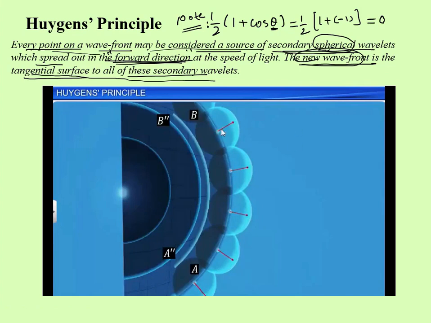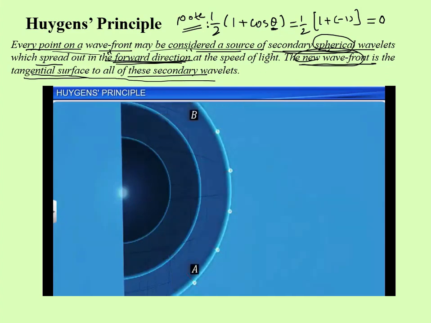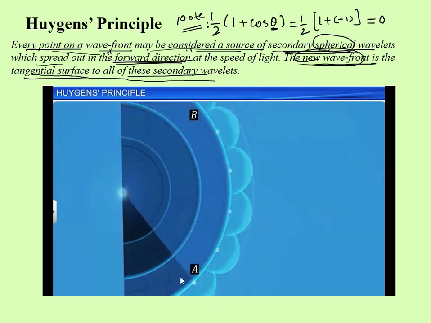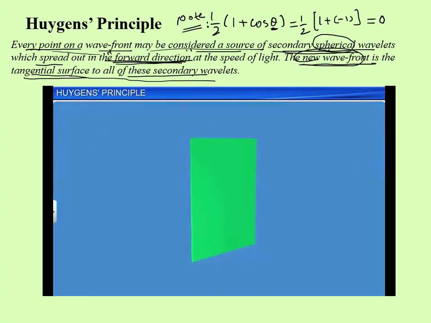See, and these are the rays that are perpendicular to the wavefront. The backward direction is 180 degrees, that's why we do not consider it. So now in this part of the animation, every point is generating spherical wavefronts, but only in the forward direction. And if we draw a tangent to all these secondary wavefronts, the tangential surface to all the secondary wavefronts gives the new wavefront. Okay, we can have that same discussion on a plane wavefront also.